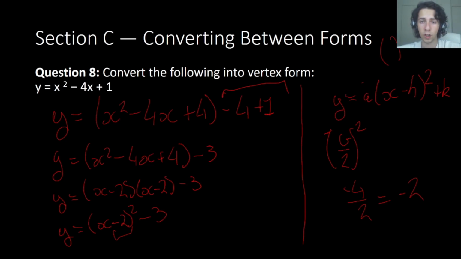So, to get the numbers that we have to add and subtract, using our b from the standard form, we can kind of already skip to the vertex form by looking at what number we get before we square, just by simply looking at the b divided by 2 section. And now, of course, I do want to warn you that minus 2 is not going to be equal to h, because if we look at the vertex form, that is minus h.